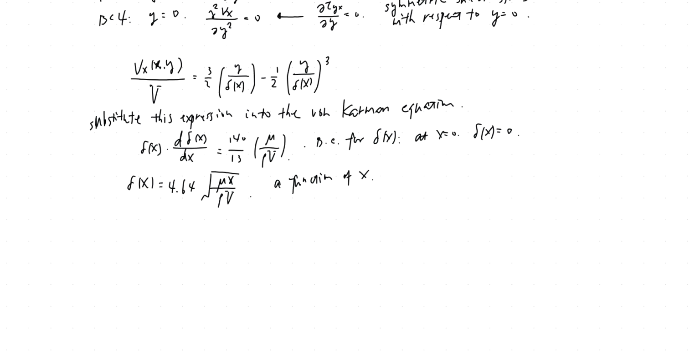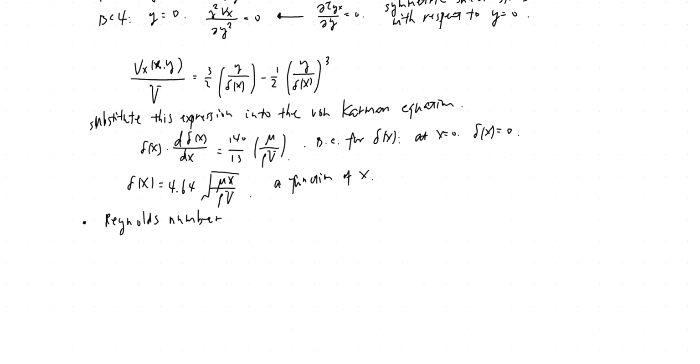Now let's define a Reynolds number. You learned in fluid mechanics what a Reynolds number is. For an object, like a plate or a pipe, you would have a characteristic length, and then you will have a Reynolds number for that problem.